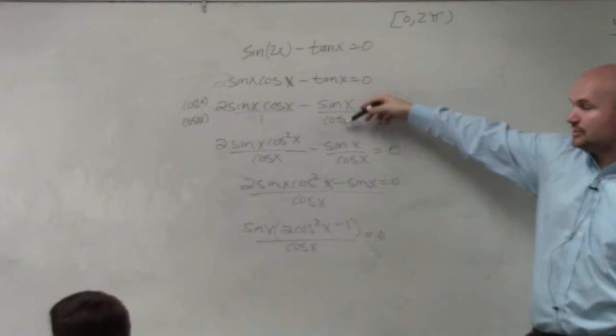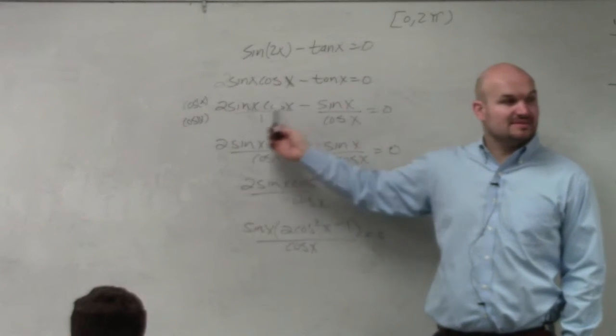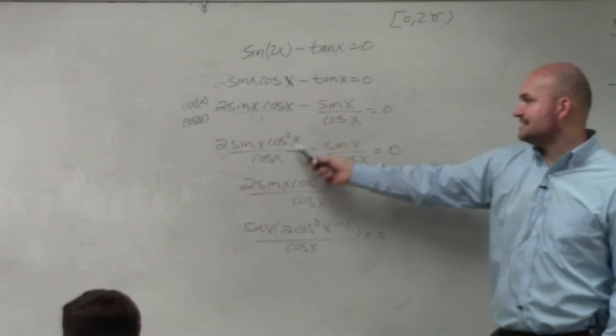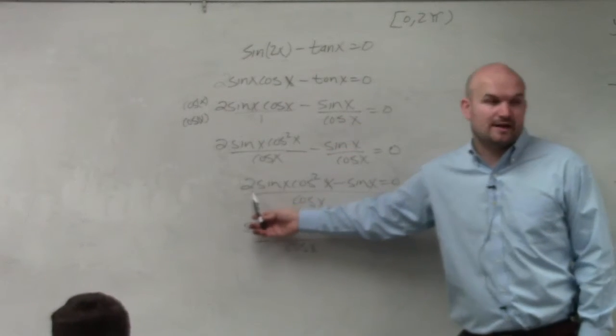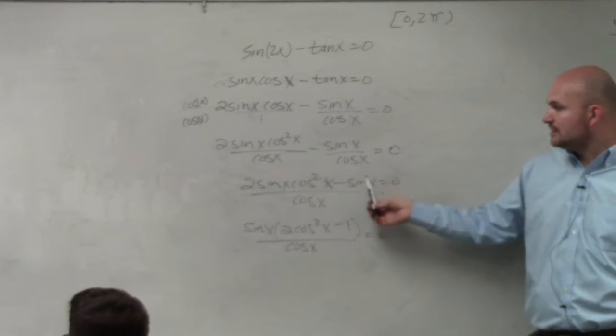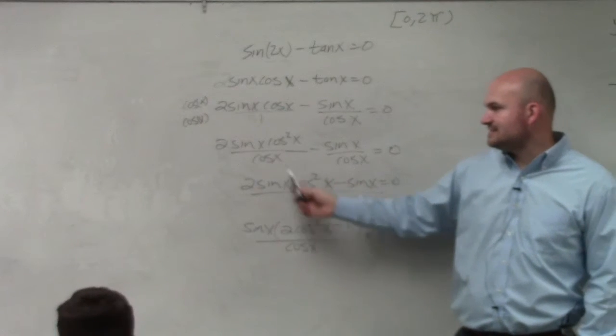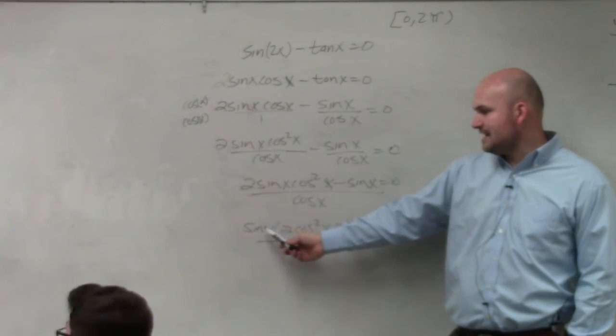I converted this to sines and cosines. They don't have common denominators, so what I did, Grace, is I got common denominators. Then I wrote them as one single trigonometric term. I notice up top here they have the same sine, so I factored out a sine.